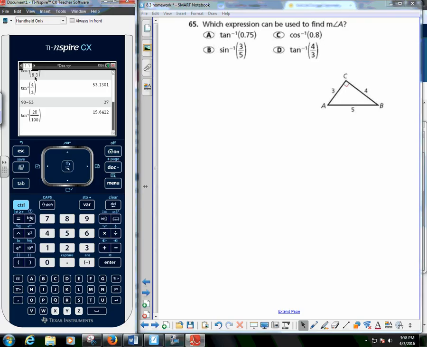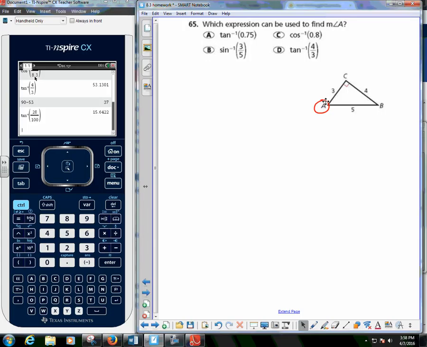So I'm looking for the measure of angle A. I know all 3 things, so I can say that the cosine of A is the adjacent over the hypotenuse, so 3 over 5. I can say the sine of A is the opposite over the hypotenuse, so 4 over 5.